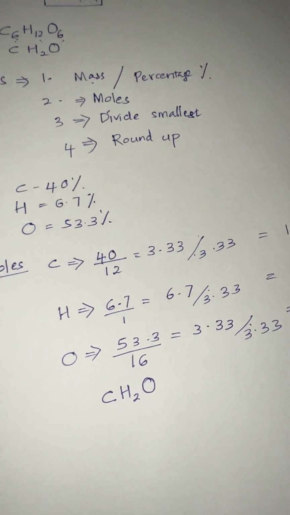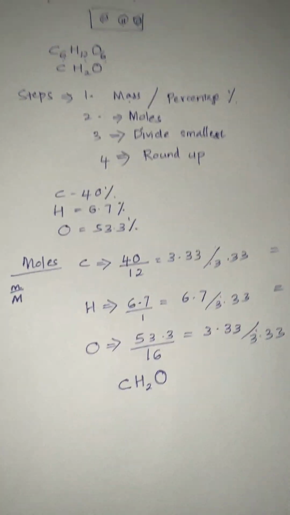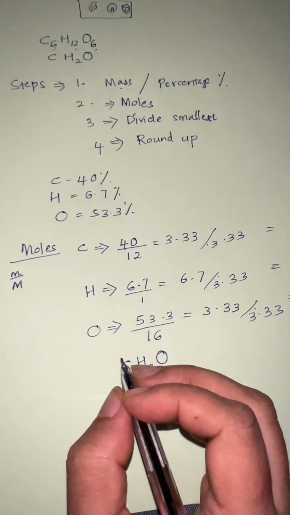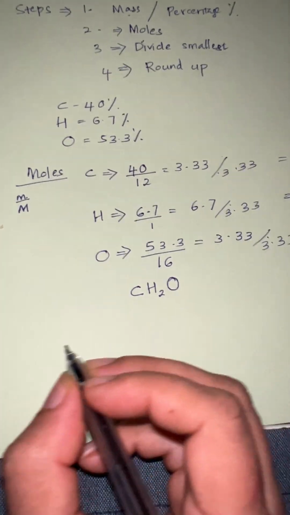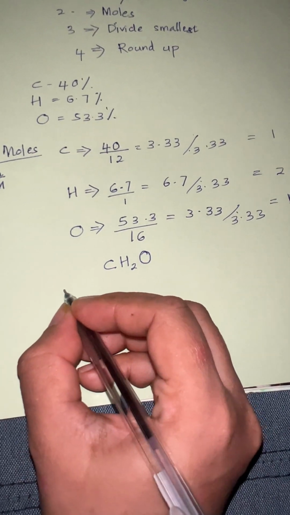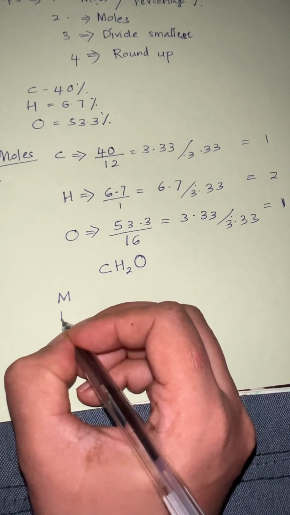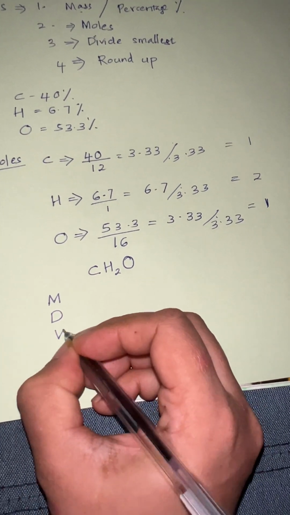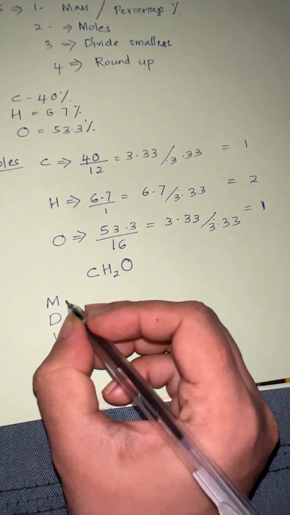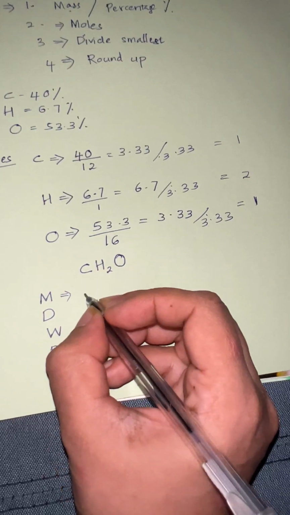Now I'm going to teach you a simple mnemonic to remember this. How to write this? M, D, W, R. That means first you have to make moles.